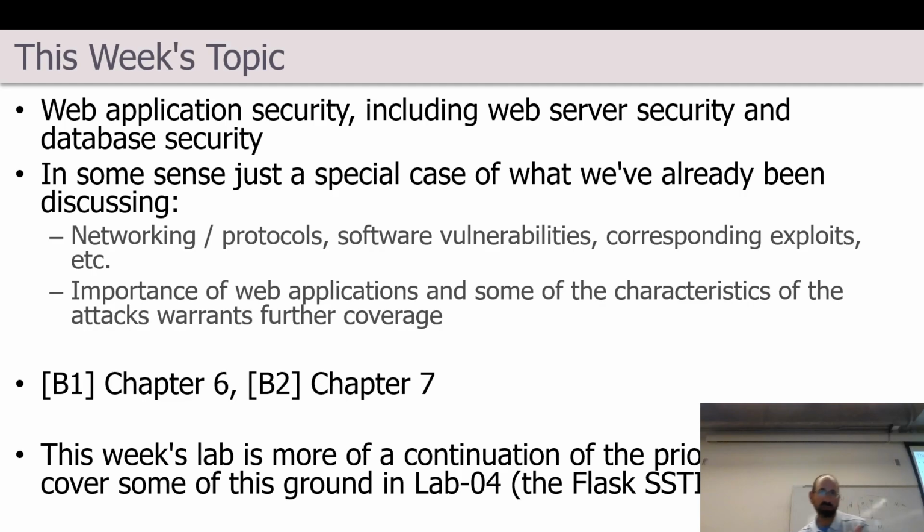A special type of software that requires networking functionality. So one could argue that there is no difference between web application security and software security. And semantically, I think they would be correct.